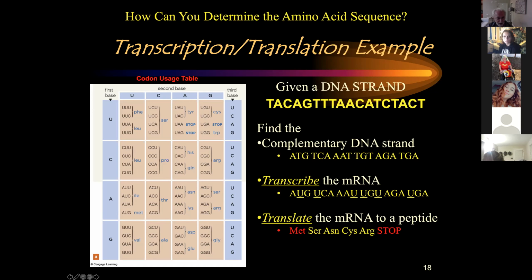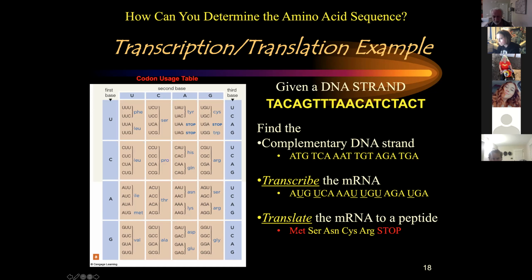So AUG, say the first base is A, that's down here. The second base is U, that's this box. And the third base is G. AUG is methionine. So there's methionine.